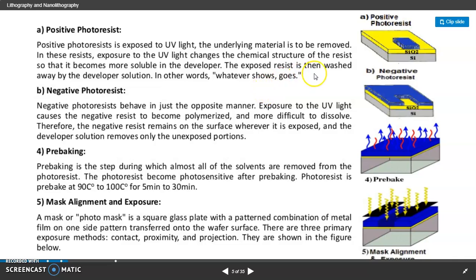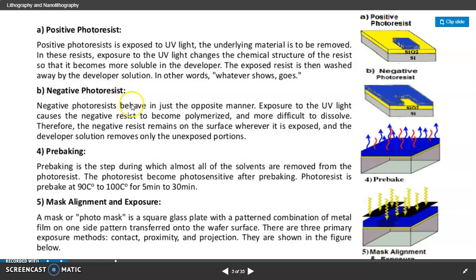The exposed resist is then washed away by the developer solution. In this picture, above the yellow color, some of the resist is there, and that is washed away with the help of the developer. In other words, whatever is exposed goes. Only the required thing remains.